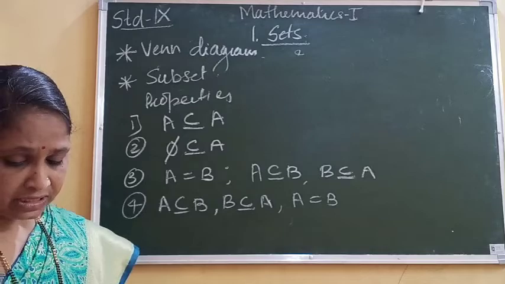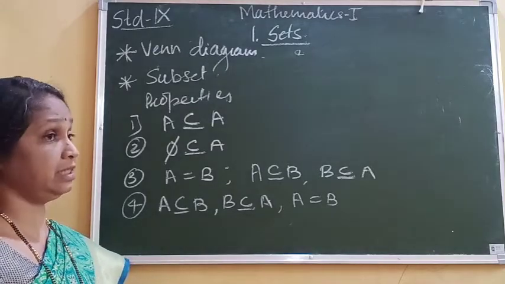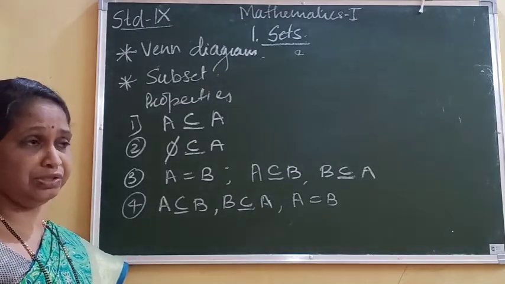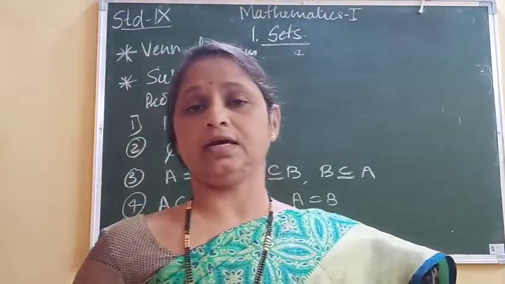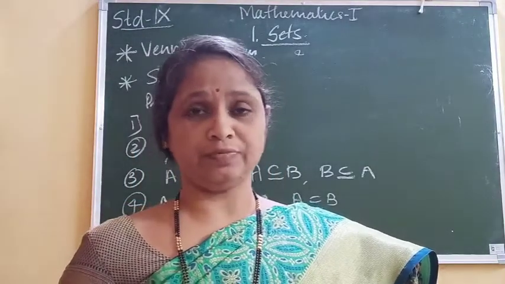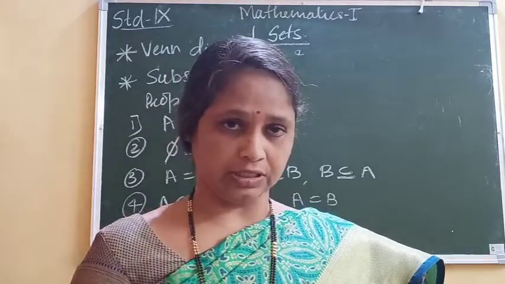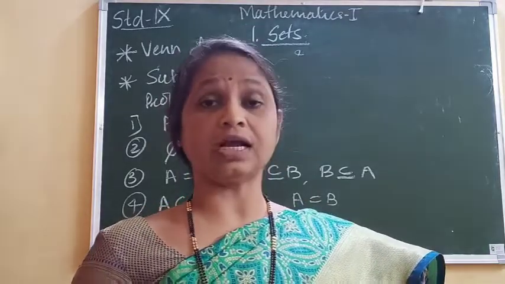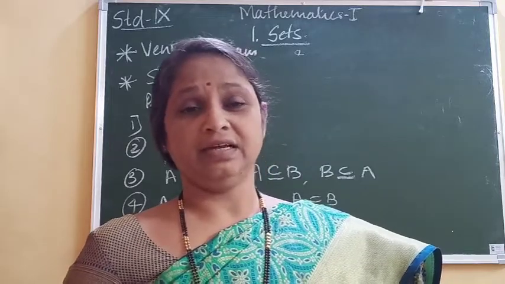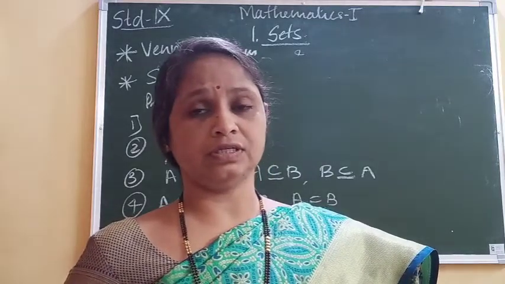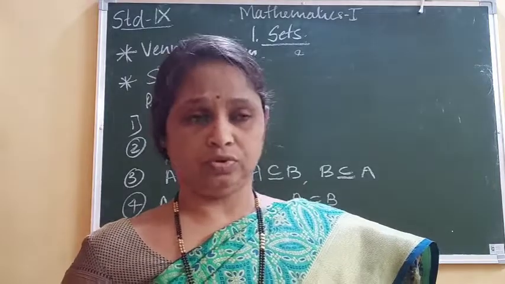Now next which we have to study is the universal set. Take this example: in your class there are some students, some boys and some girls. Your class is a universal set, and the boys and the girls are the other two sets.